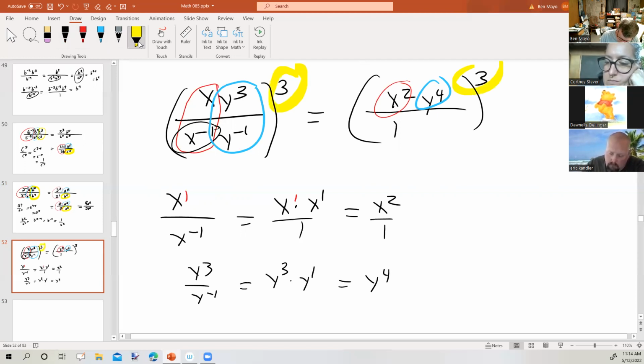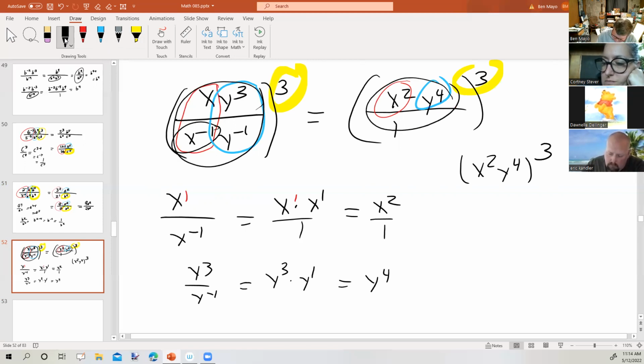This thing. So now I've got x squared y to the 4th all to the 3rd power. So I've simplified inside down to that. Now I've got a power raised to a power times a power raised to a power, because I attach that outside power to each factor inside. So I get x to the 6th, y to the 12th.